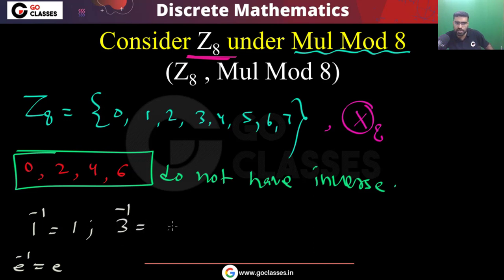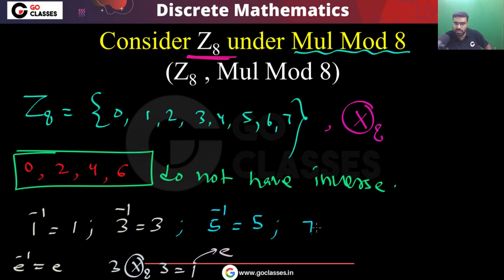What is the 3 inverse? 3 inverse is 3, because 3 multiplication modulo 8 3 is equal to the identity element. 5 inverse is also 5. 7 inverse is also 7, because 7 multiplication modulo 8 7 is 49, and mod 8 that is equal to 1, the identity element.